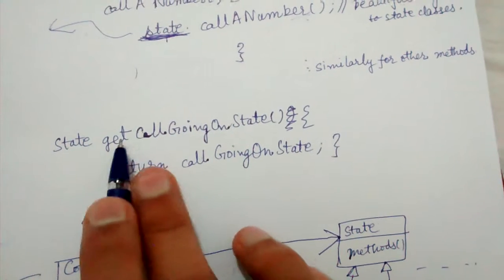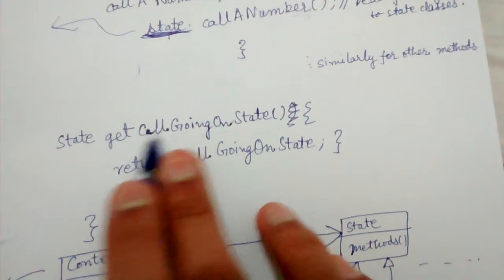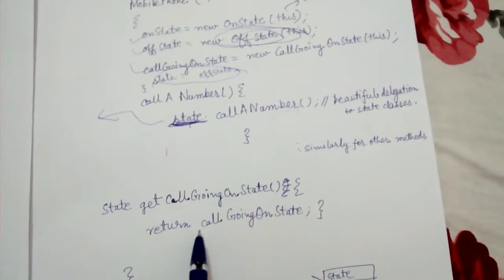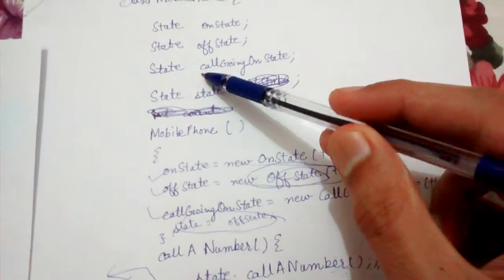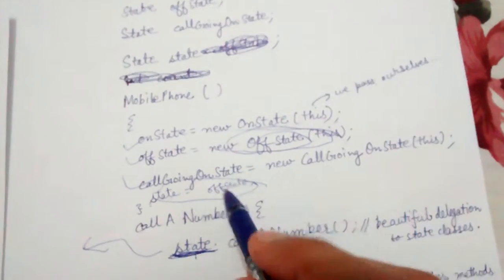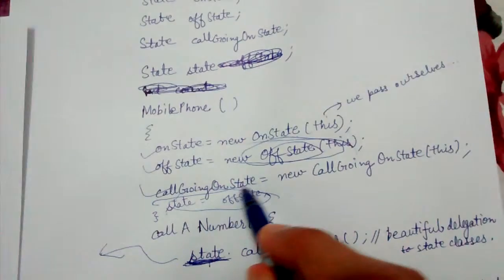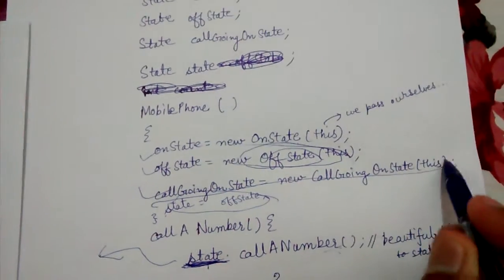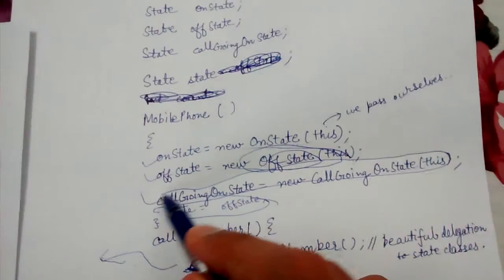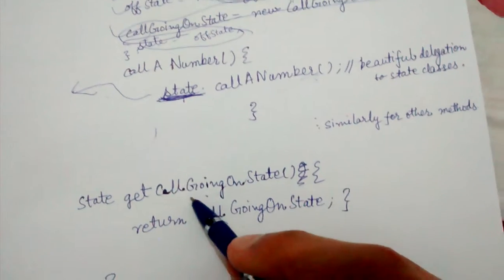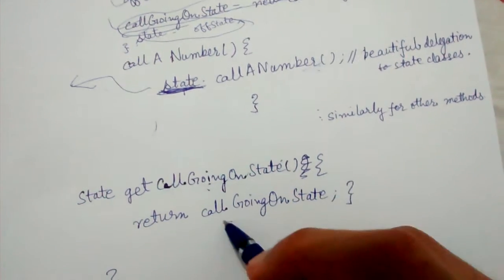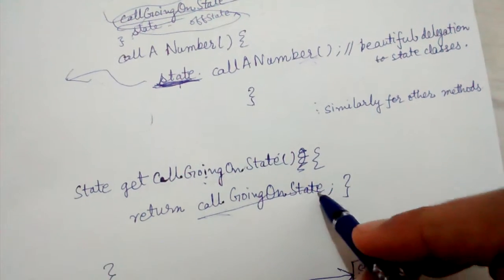When someone wants to get hold of the call going on state object, we just return this reference, which we have initialized to an object of class CallGoingOnState. So whenever one asks for a call going on state object, we return it.